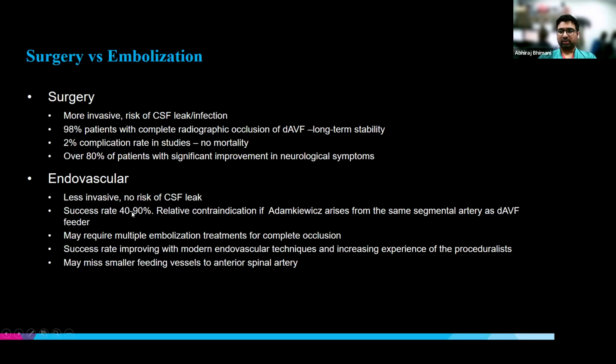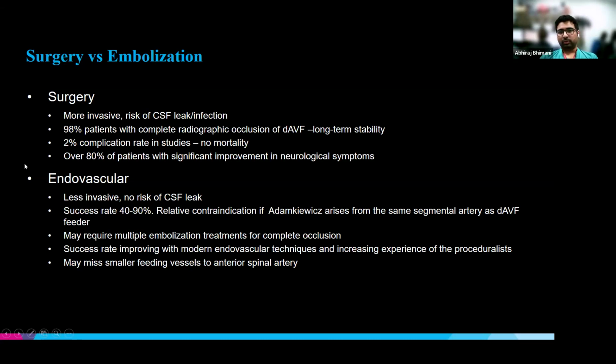And it's important to note that the success rate of endovascular embolization has been improving, as the experience of the proceduralist increases and as endovascular becomes more and more common.